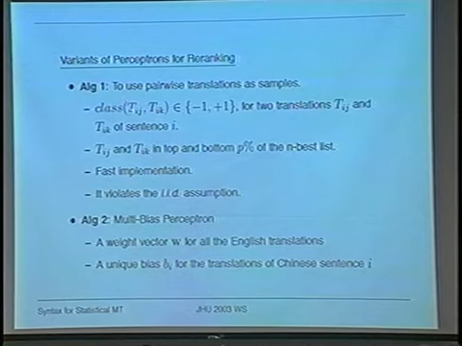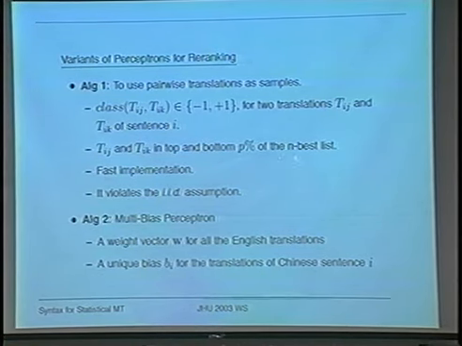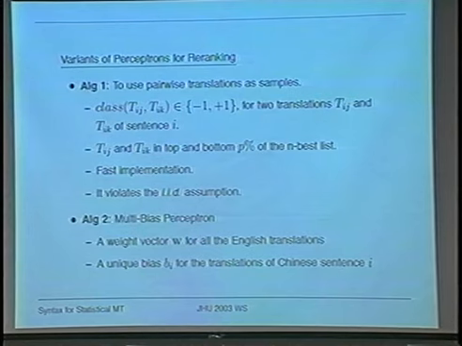For two translations, T of Ij and T of Ik for the same sentence I, we say this pair is a positive example if T of Ij is in the top 50% and T of Ik is in the bottom 50%. Then we reduce a re-ranking problem into a classification problem.